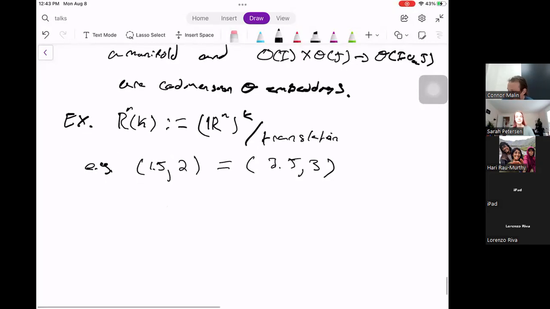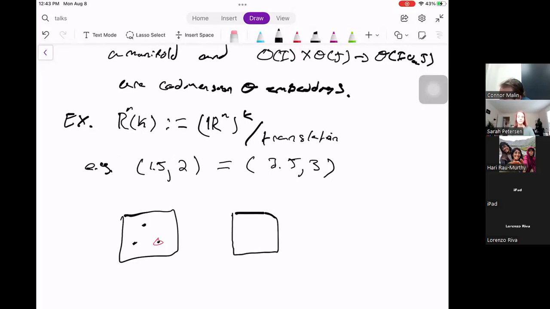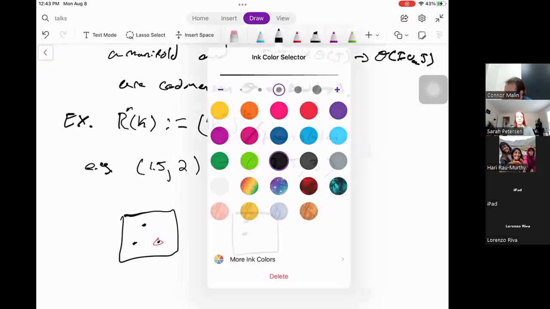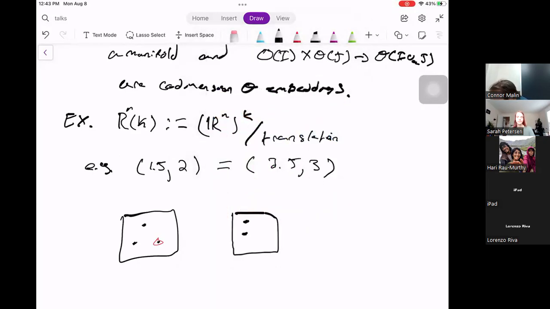Okay, and so these are operads in the following way. If I have a tuple of points here, and I'm trying to insert another tuple of points here, what I do is look at the... let me make this a little more complicated.